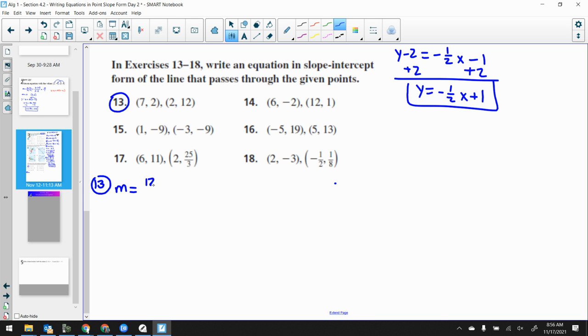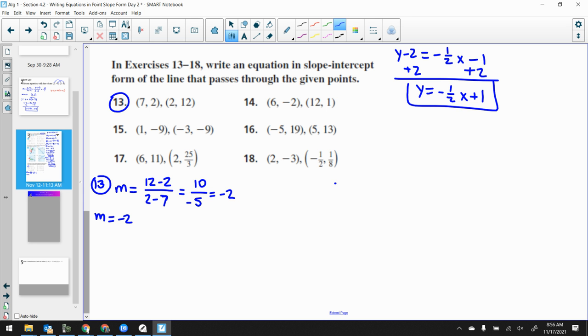12 minus 2 over 2 minus 7. Good. Y minus y over x minus x. Okay. 12 minus 2 is 10. 2 minus 7 is a negative 5. So I get a negative 2 as my slope. Noah, what point would you like to choose?